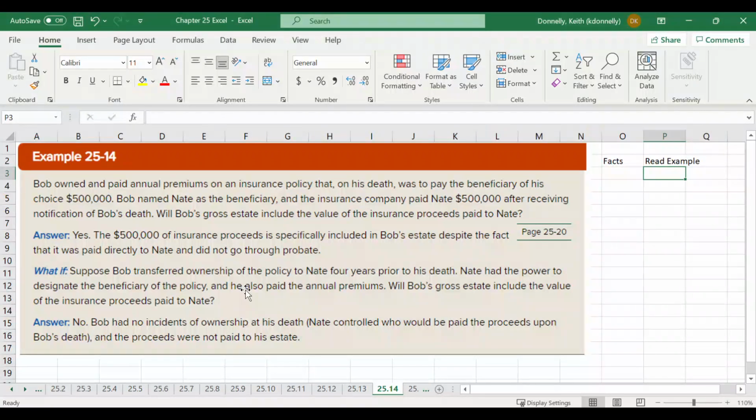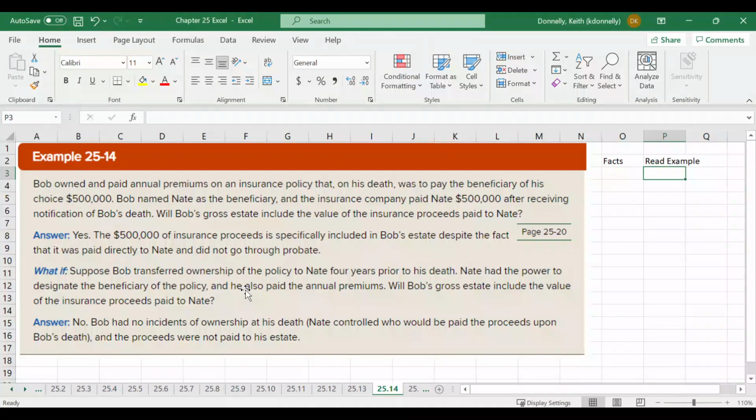It says here, suppose the father transferred the ownership of the policy to the son 4 years before his death. The son had the power to designate the beneficiary of the policy and also pay the annual premiums. Will Bob's gross estate include the value of the insurance proceeds to the son?